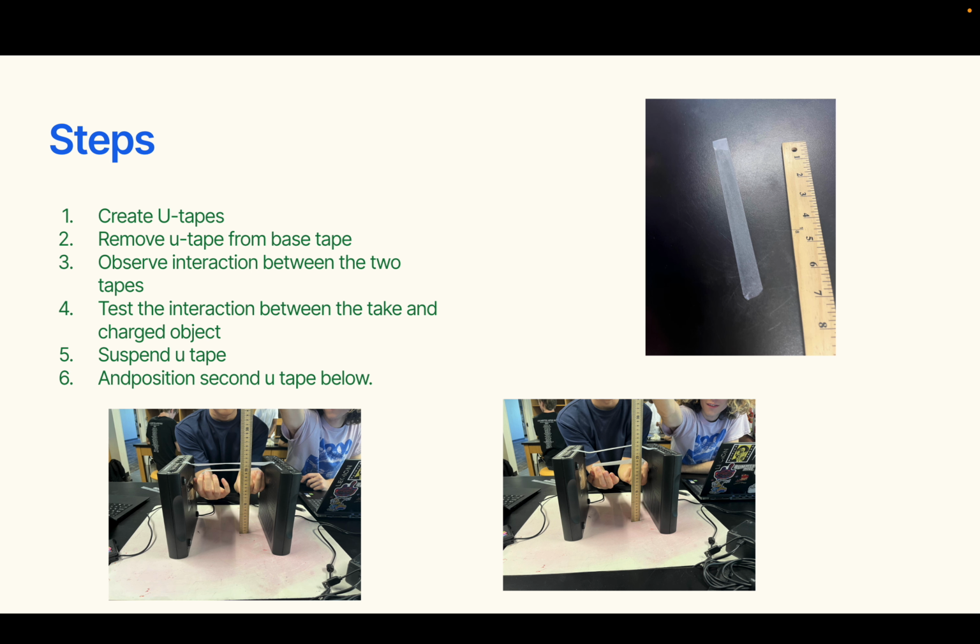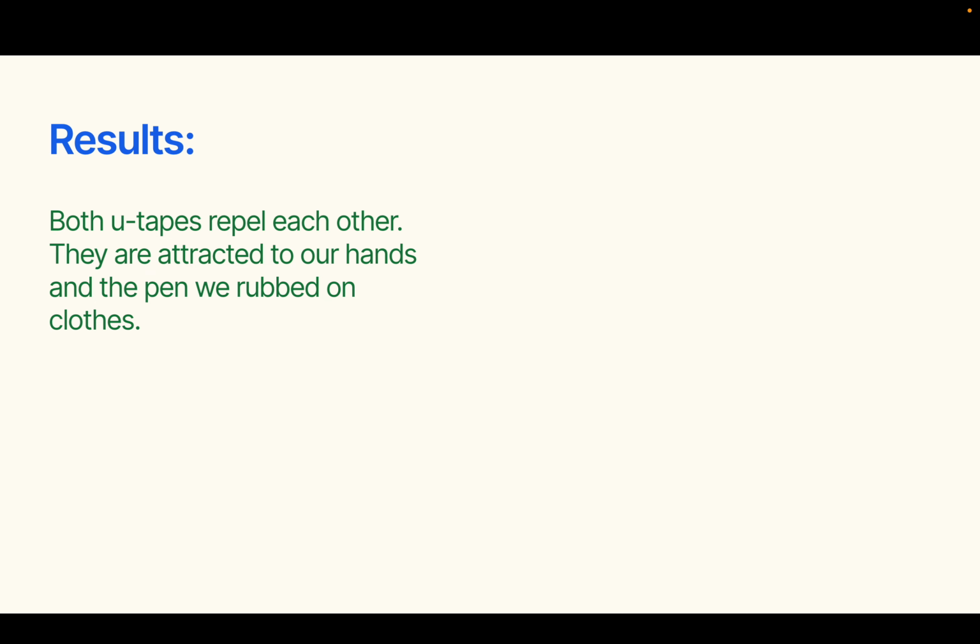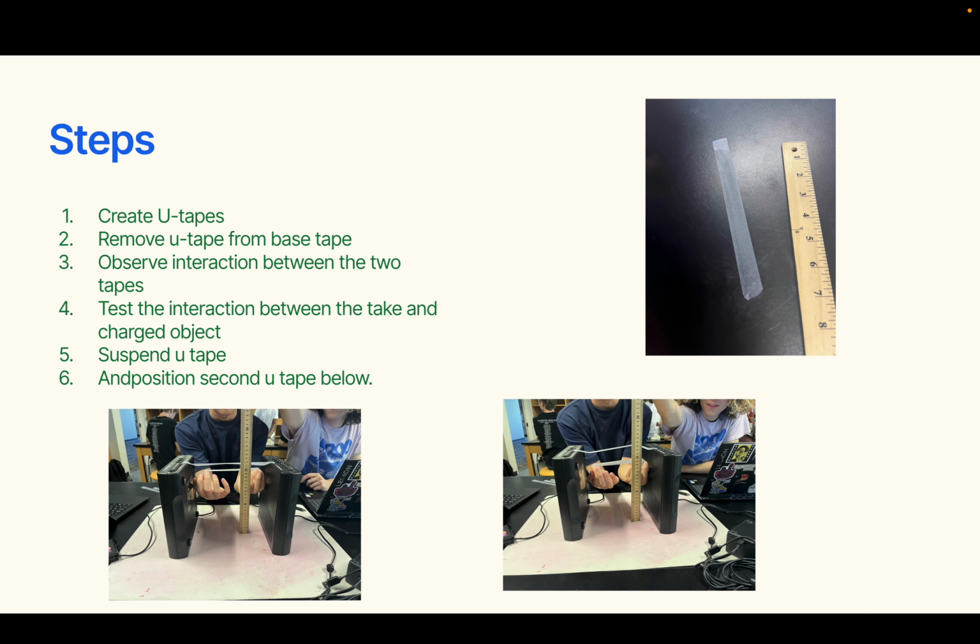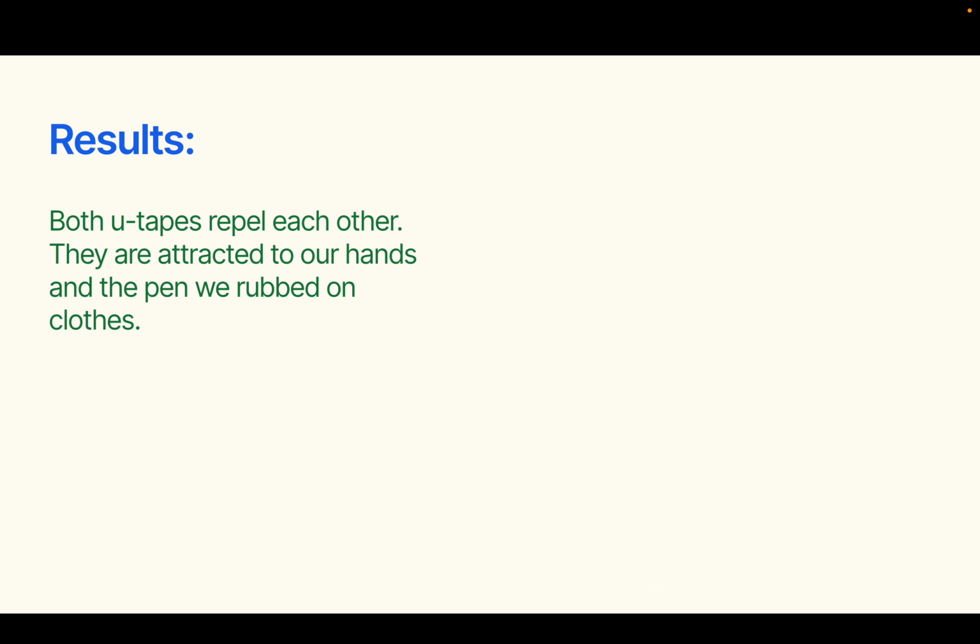Yeah, and the charged object, it actually attracted. I was wrong. So our results: both the U-tapes repel each other, as shown in this image below, and they're attracted to our hands and the pen that we rubbed on our clothes and our hair.